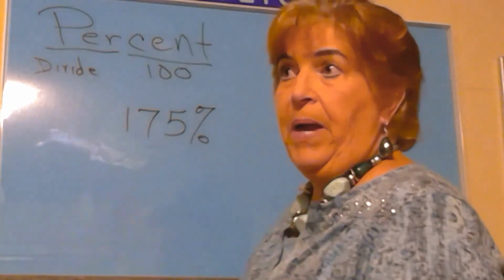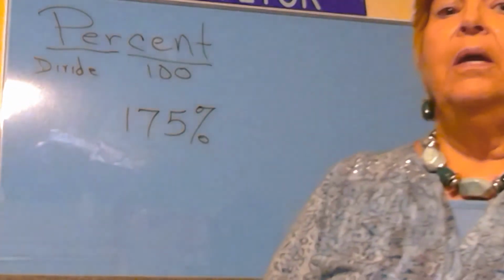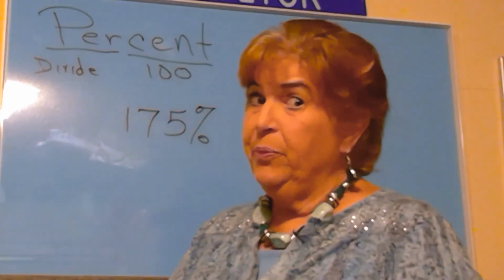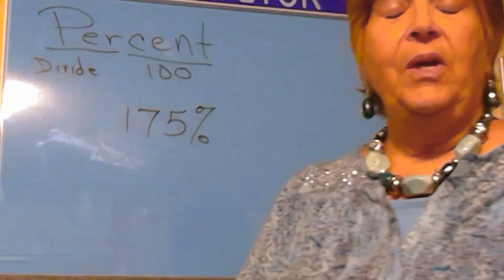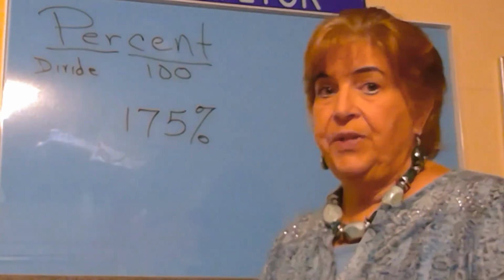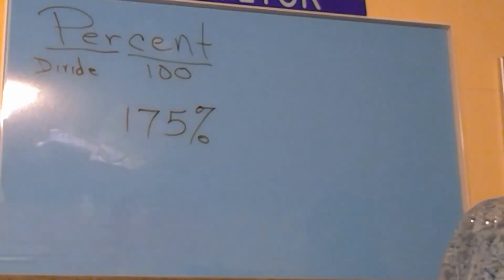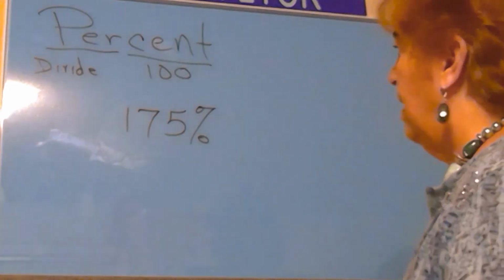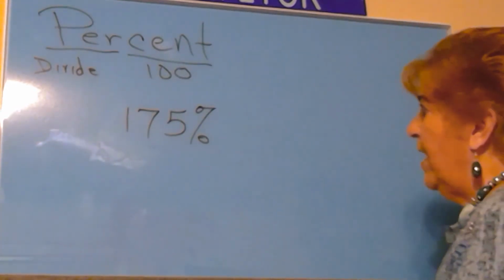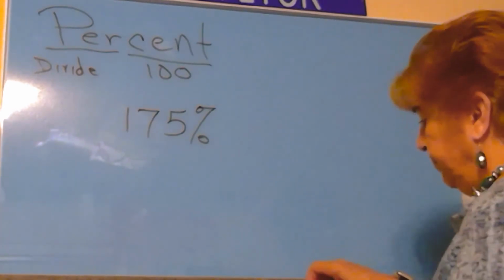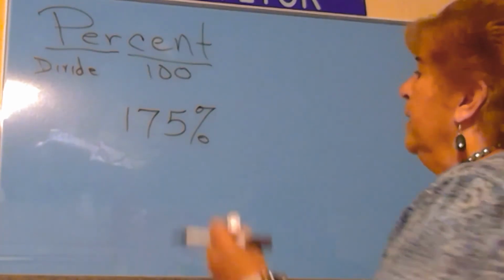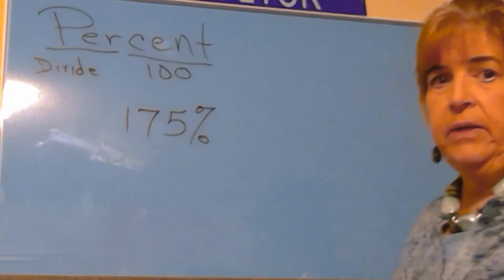So if it increased by 175%, that's not quite 3 times, but it's getting close. So there are times when over 100% makes sense. There are other times when it's not very likely.